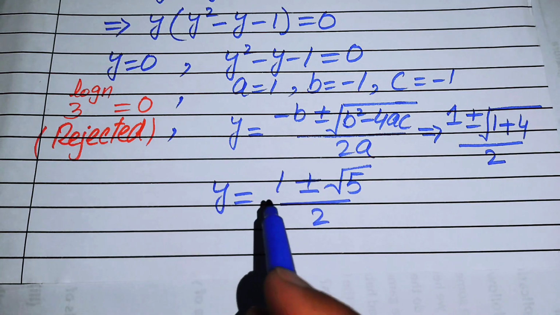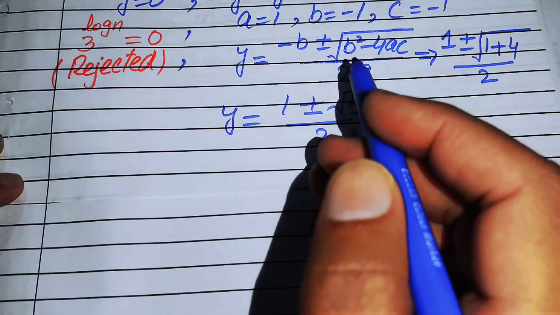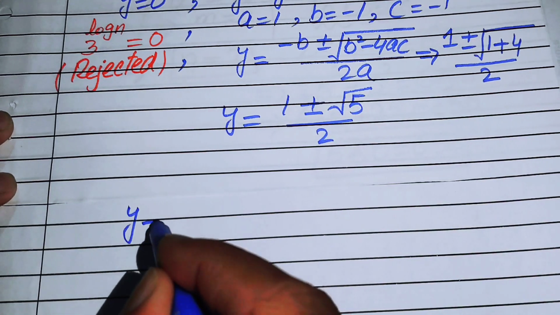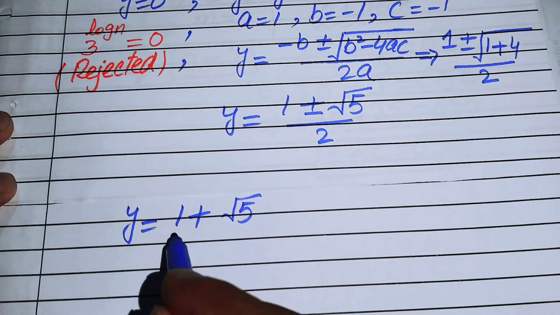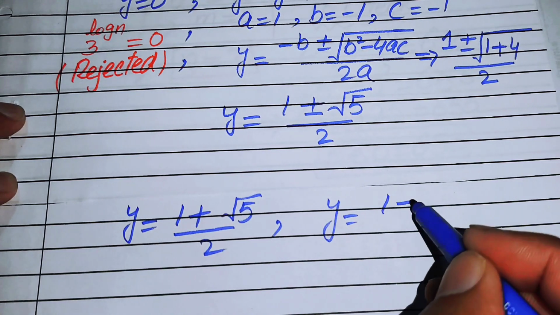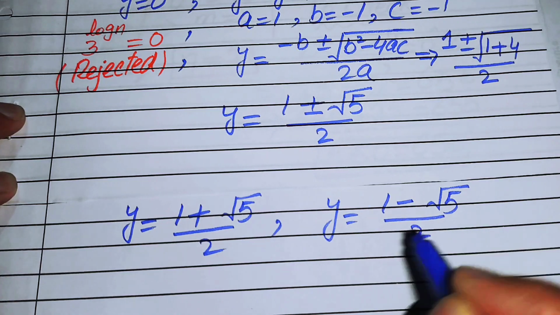Now we can break this plus or minus value into two cases, and we will write this as y equals 1 plus square root 5 over 2, and its other value is y equals 1 minus square root 5 over 2.